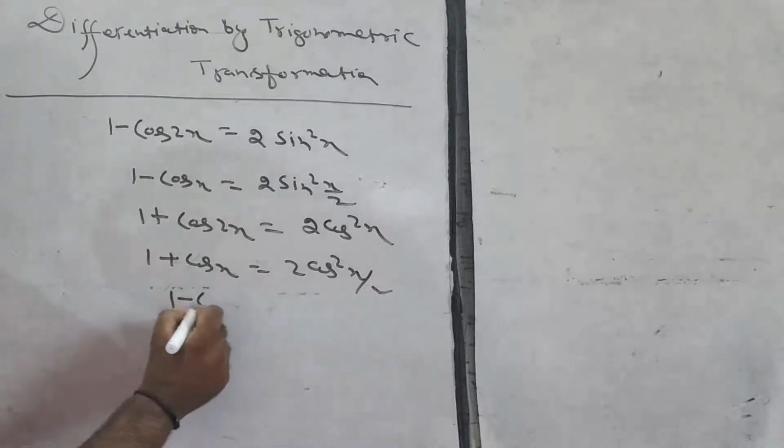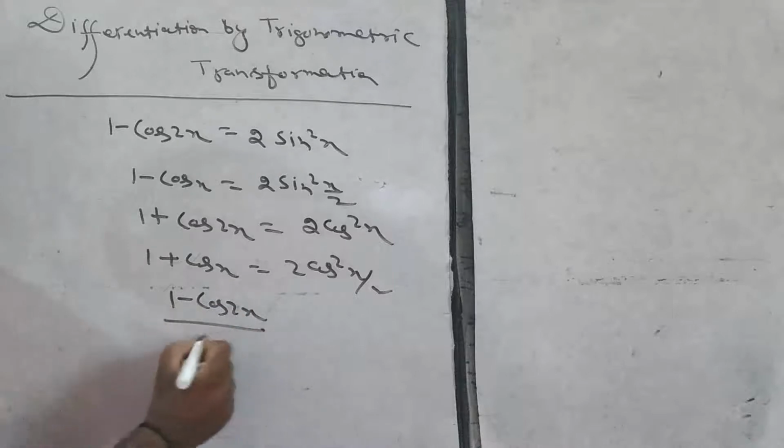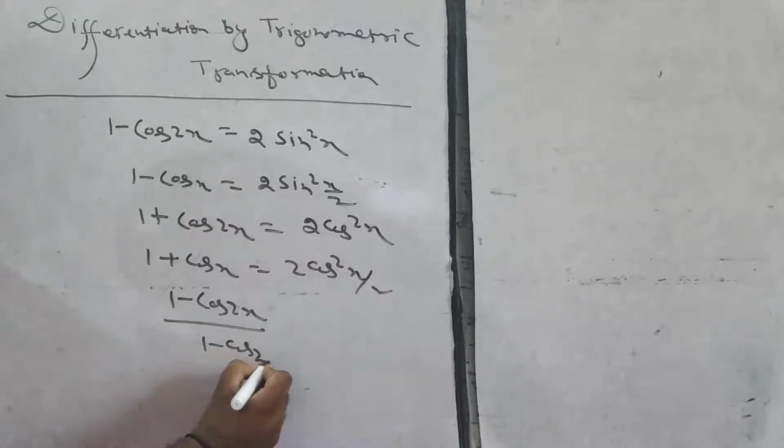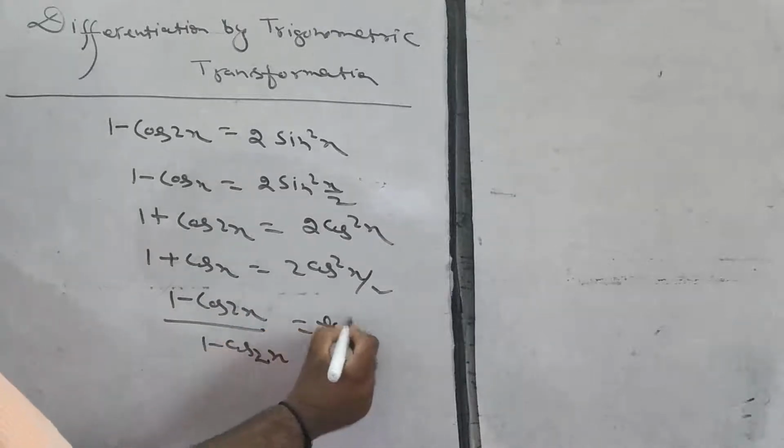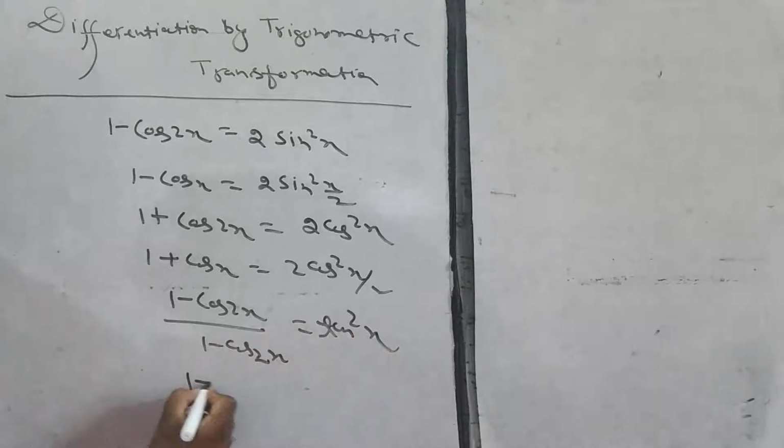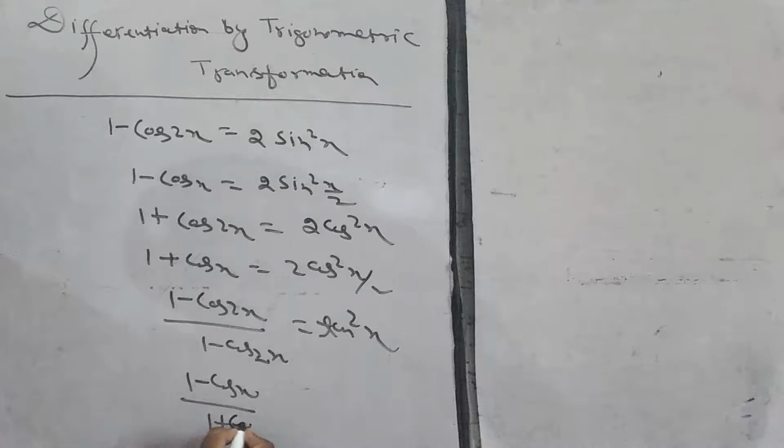Or 1 minus cos 2x upon 1 plus cos 2x is equal to tan square x, or 1 minus cos x upon 1 plus cos x is equal to tan square x by 2.